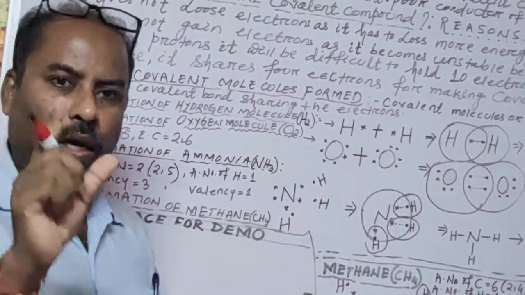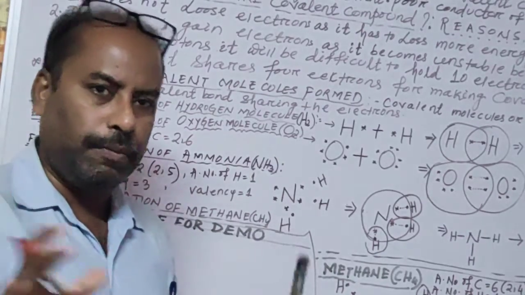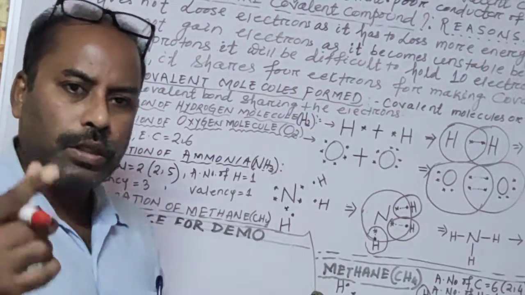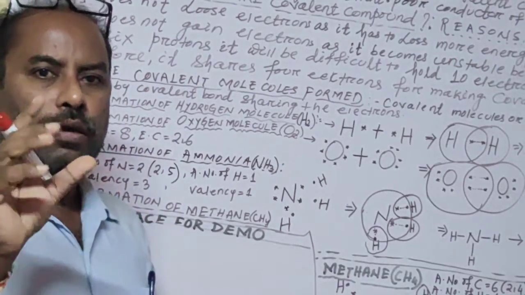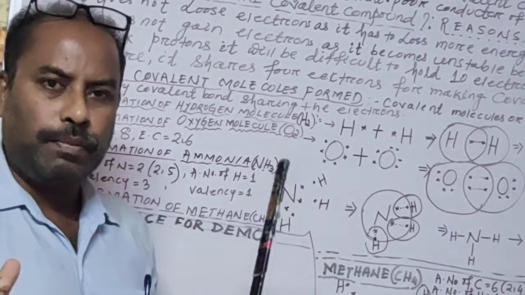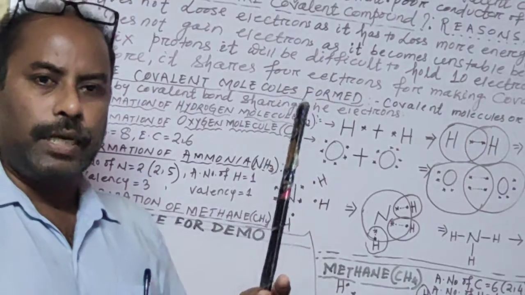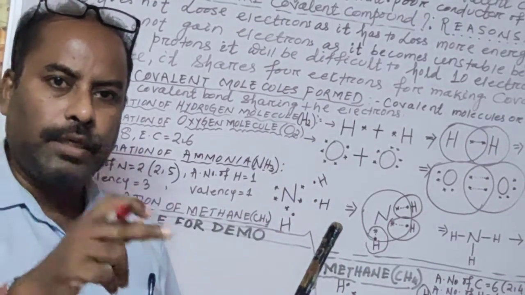If it has one orbit, then it must have 2 electrons to make itself stable. If it has more than one orbit, then it must have 8 electrons in the outermost orbit to be stable. All atoms try to get the octet stage.